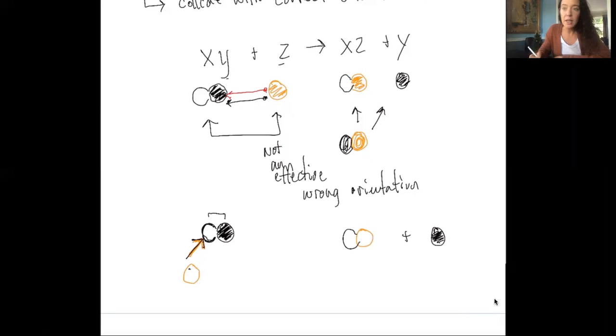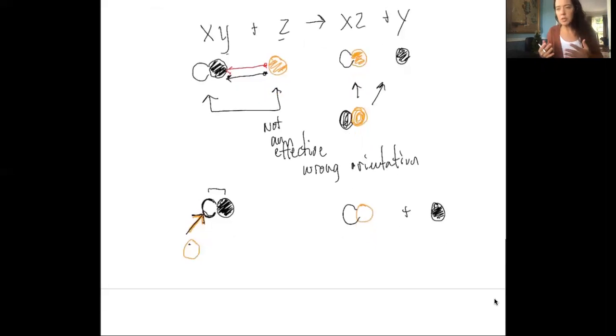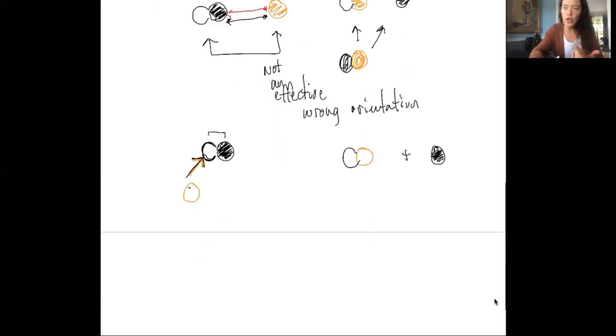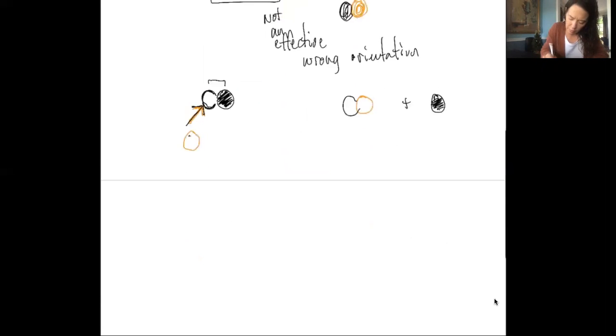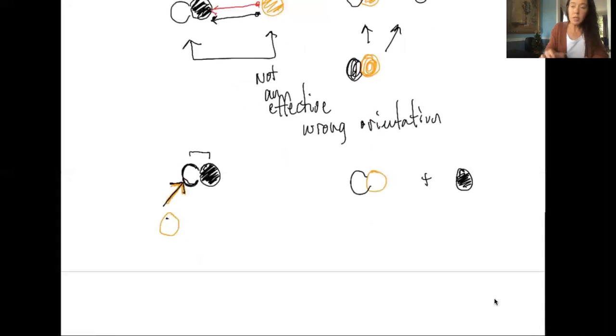And we had a collision with the correct orientation. It allowed the molecules that are going to come together to collide with each other, okay? And they also must react with the proper amount of energy, okay? Now, what is going to increase the rate of a reaction? So that's your collision theory.